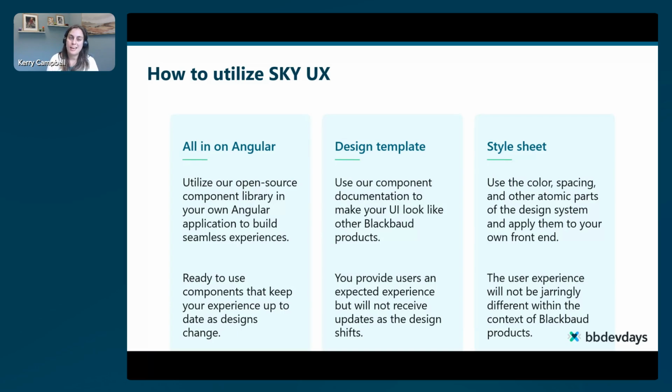You can also use our style sheet. We provide all the color and spacing and atomic parts of components that you can just lift and put into your own. Both of these have their benefits of helping create that cohesive experience for the user, so they're not feeling like they're drastically going from one look and feel to another. But as we do updates to the design system, you would have to independently do that.